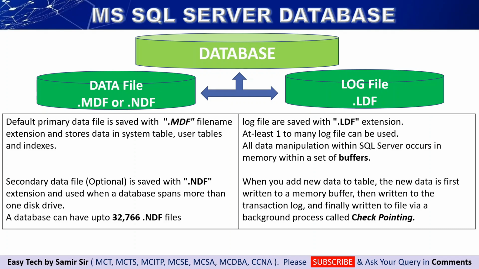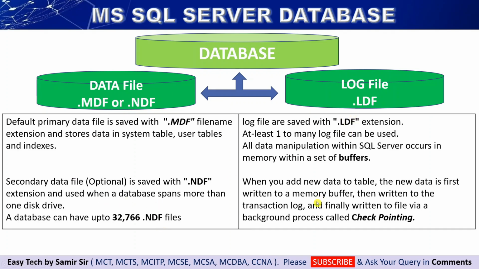Naturally you cannot save 20 terabytes of data on a 5 terabyte hard disk. So this can be saved using multiple hard disks, like 4 hard disks of 5 terabytes each. So you can use NDF and store a single database on more than one disk. One database can have up to 32,768 NDF files. So practically this is used for saving a large volume of data by combining the space capacity of multiple hard disks.